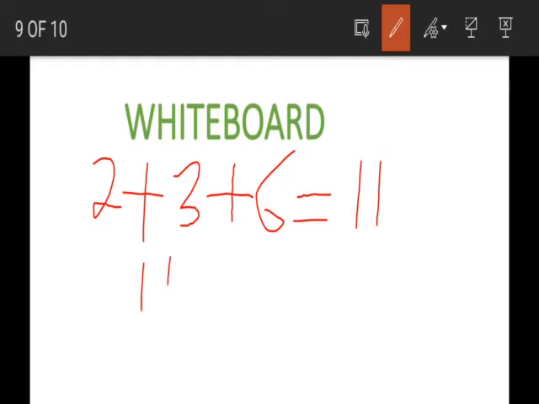Then this 11 plus the 6 again at the bottom, which is 17.